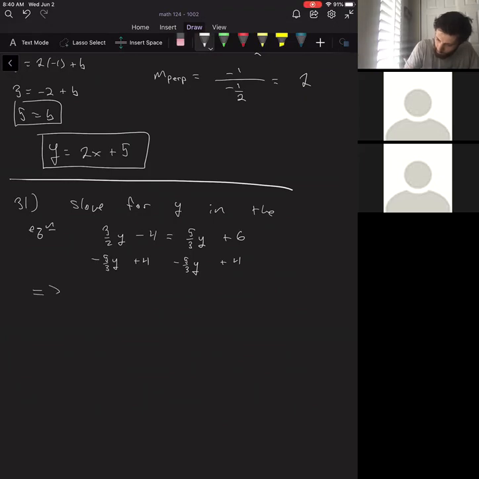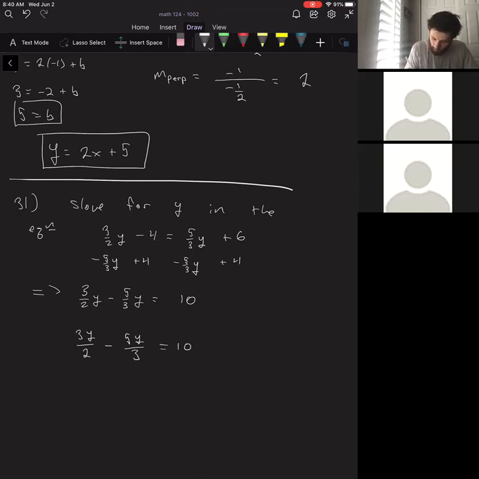Then we'll have 3/2 y minus 5/3 y equal to 6 plus 4, which is 10. We need a common denominator on the left-hand side. This is going to be 3y divided by 2 minus 5y over 3 is equal to 10. Our common denominator is going to be 6.